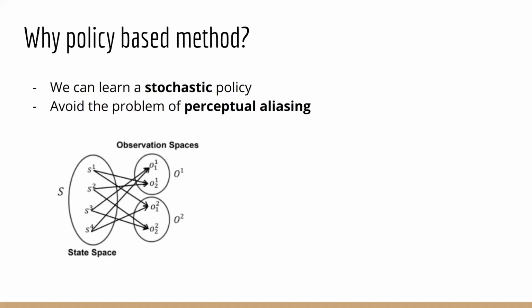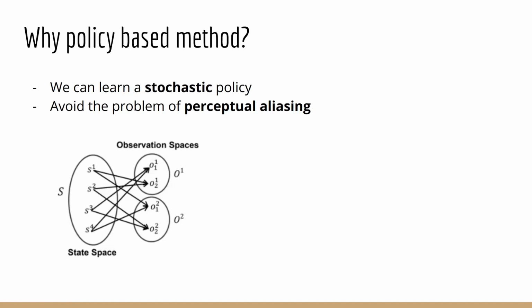There could be many states in the state space. However, most of the time the agents don't have perfect information. For example, in this diagram, S1 and S2, although they are different states, sometimes from the agent's perspective, they will get the same observation.